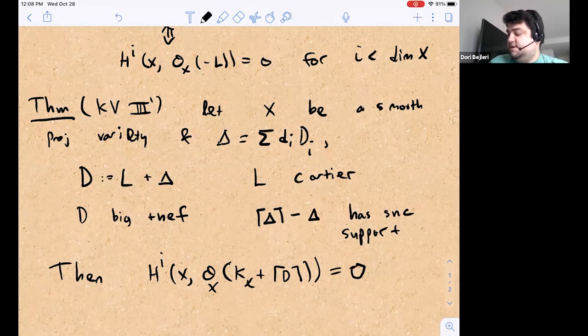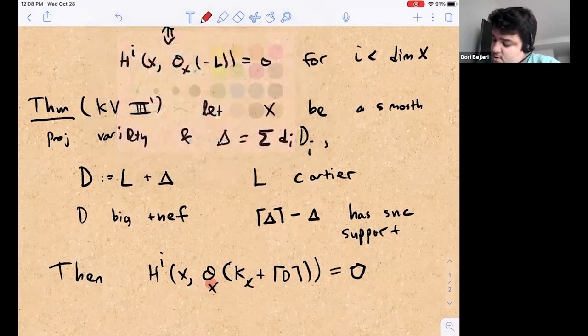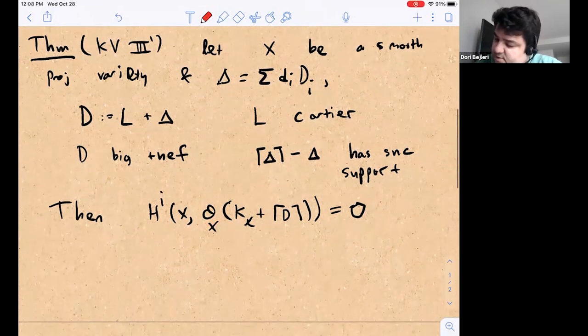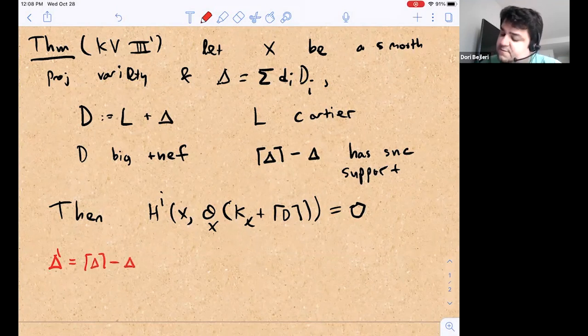Okay, and this really is just a rephrasing because we look at delta prime, which is this roundup of delta minus delta itself, which has this SNC support, and then the roundup of D is the same as D plus delta prime, where D is big enough.